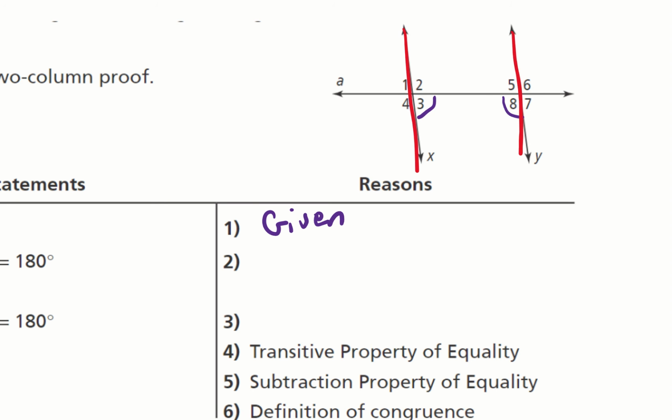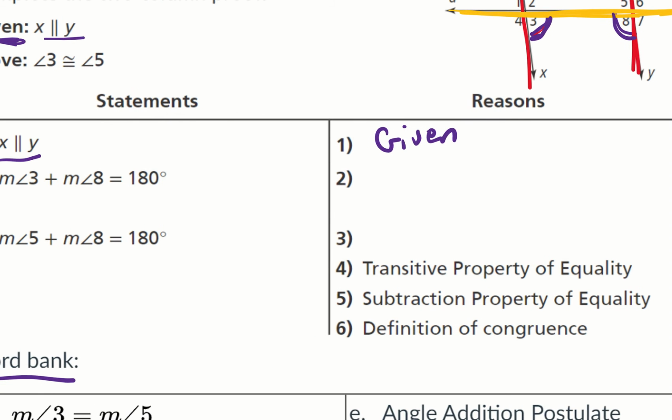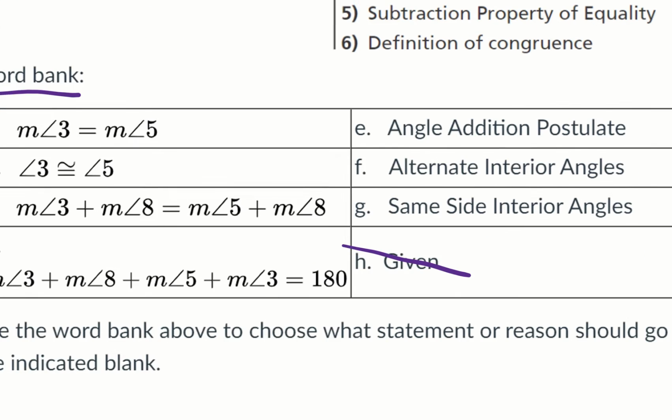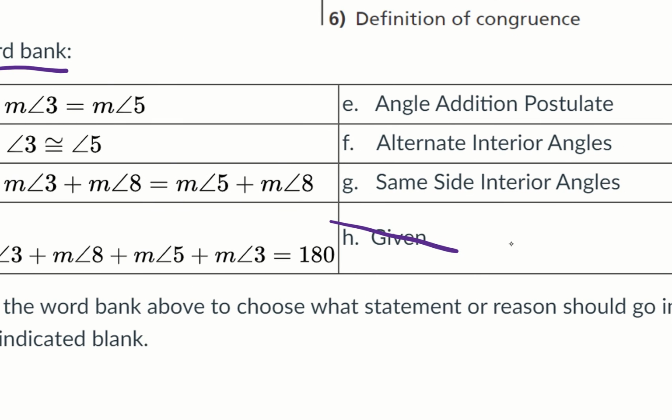This is like our sandwich, our bread, and then we have our skewer or toothpick, whatever you want to call it, that cuts through it. And this is inside the sandwich, right? So these are interior, and they're on the same side of this yellow line. So they're same side interior. And so based off of the same side interior angles postulate, they add up to 180. So we'll cross that out and use it.